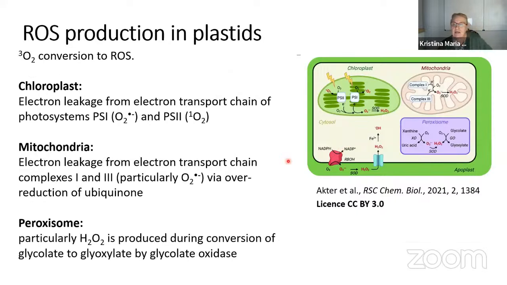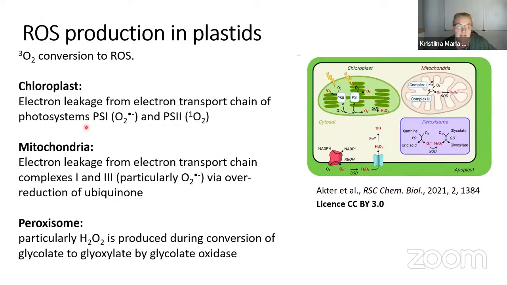In chloroplasts, molecular oxygen is converted to ROS during the normal reactions of photosynthesis and also photorespiration, and in mitochondria during the respiration reactions on the electron transport chain.